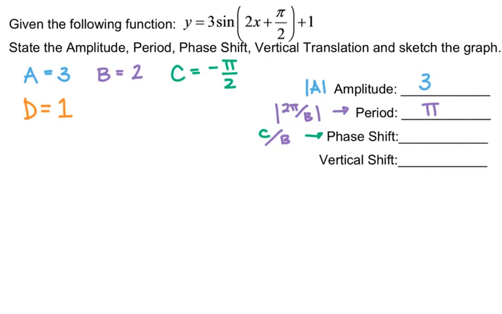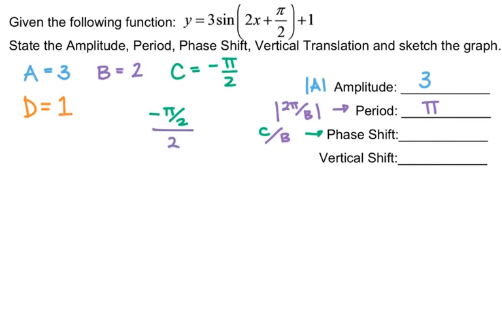My phase shift, negative pi over 2 divided by 2, that is going to give me negative pi over 4. So the phase shift is pi over 4 units left. We're going to be shifting left pi over 4 units. And the vertical shift is going to be up 1.